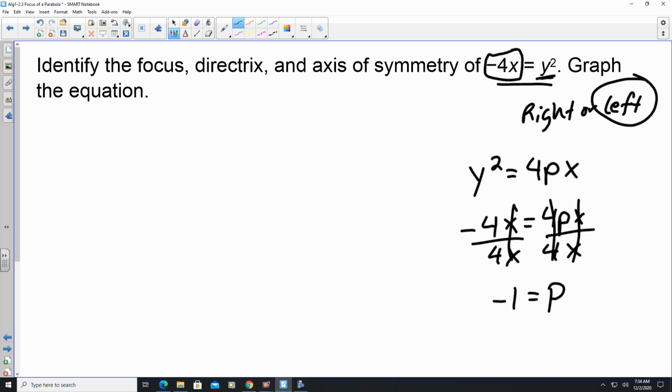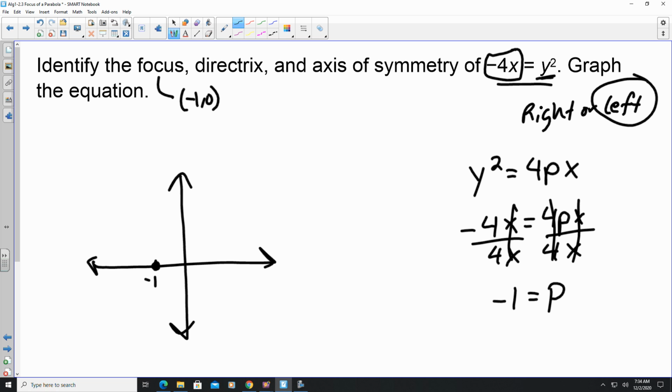So I do my graph here. Negative 1, so negative 1 comma 0 is my focus. My directrix is the opposite of that, so it's going to be 1, but because it's now a vertical line, it's going to be x equals 1.